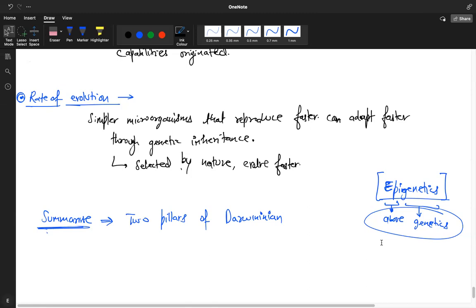If a mutation happens in my skin cells, but my gametes still have the same genes, then my kids will not get that mutation. For any mutation to get inherited, it has to reach the gametes. It has to be strong enough to reach the gametes. Otherwise, it does not make any sense.